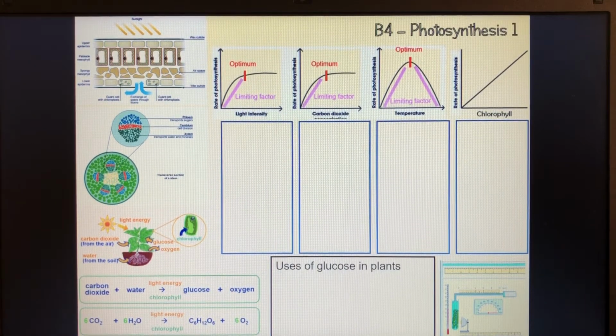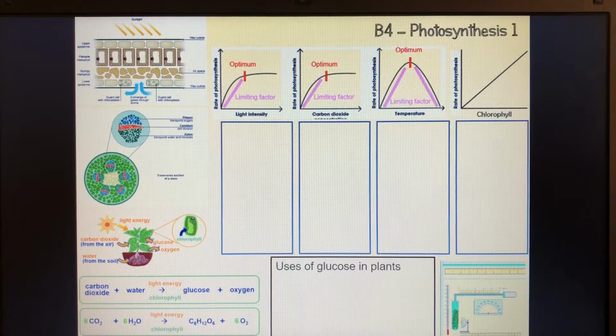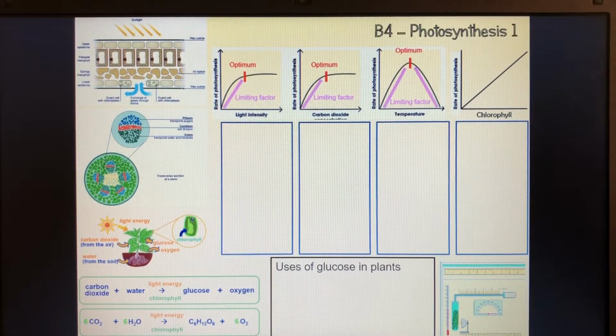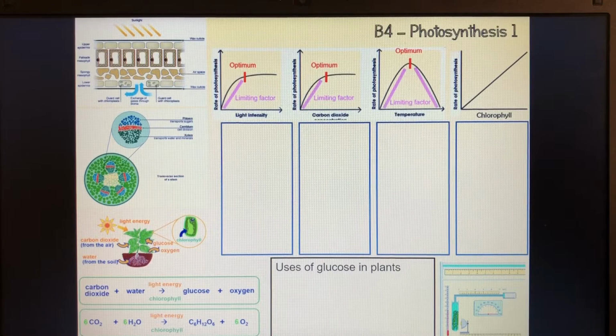We're going to be looking at the limiting factors of photosynthesis, the uses of glucose in plants, the required practical on how light affects the rate of photosynthesis, the photosynthesis equation, and the structure of a leaf. That's what's going to come up in today's first of 3 revision PowerPoints.